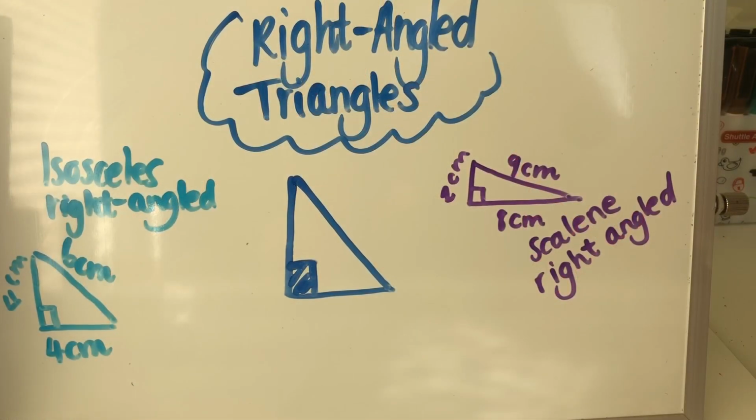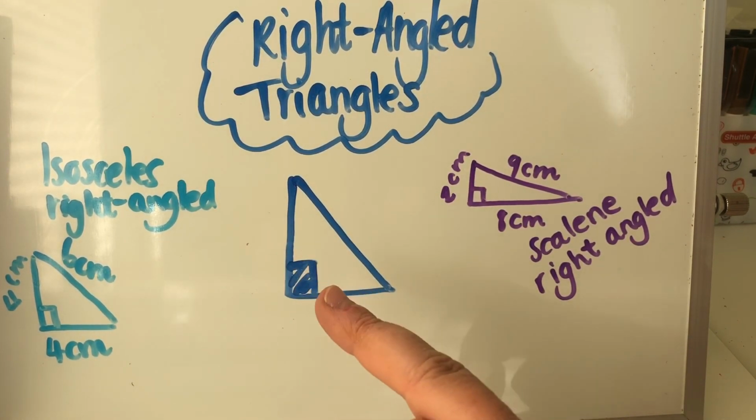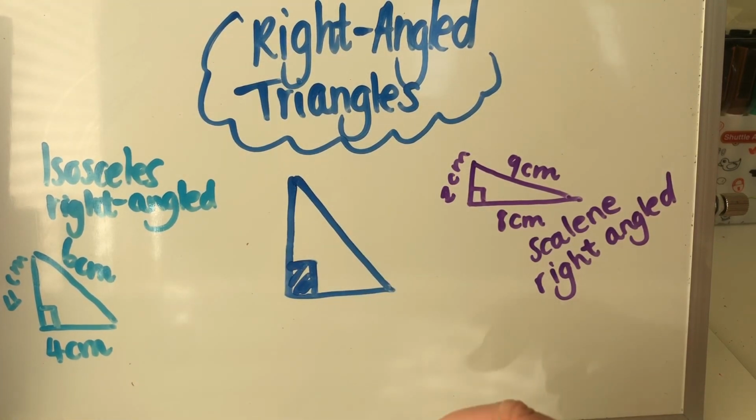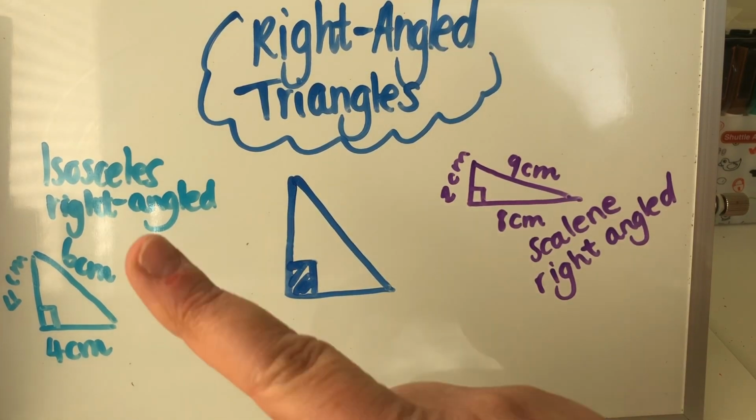Our final type of quite special triangle is our right angle triangle. And the only property a right angle triangle needs to have is one right angle. However, why they are quite special is because some other types of the triangles we've covered today can also be right angled triangles.